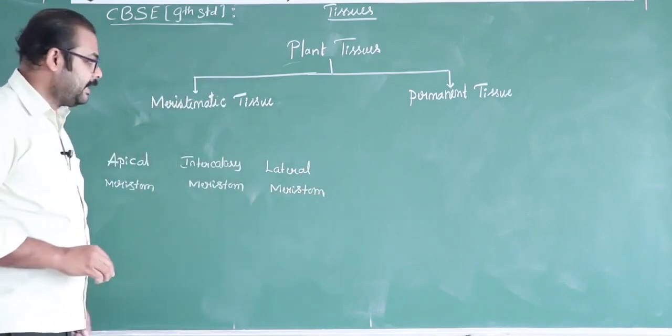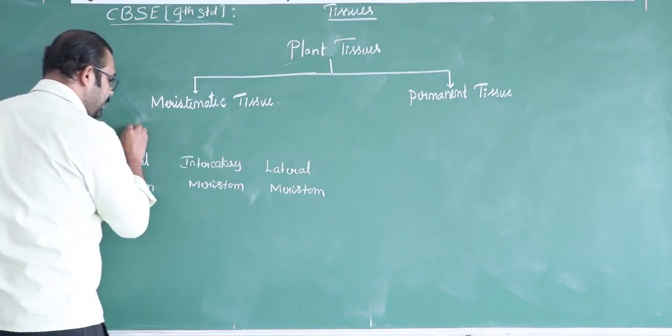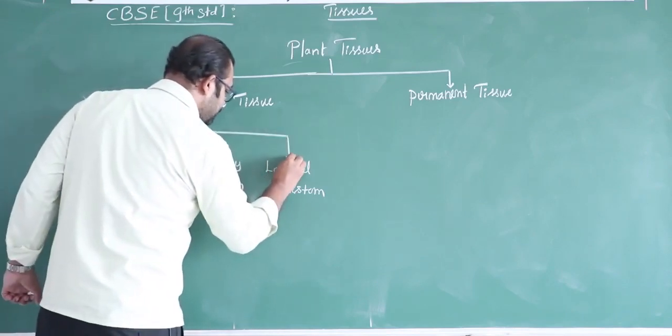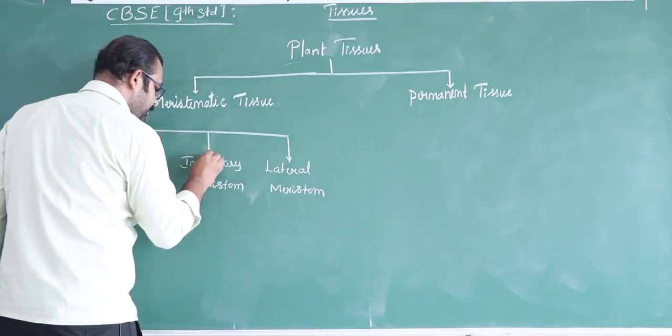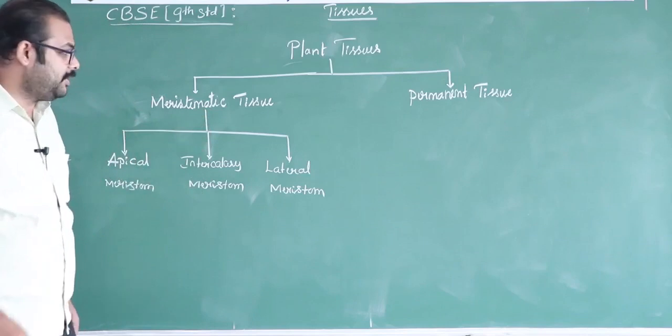Apical, intercalary, lateral. So these are the three types of meristems. Okay, this is the classification of meristematic tissue.